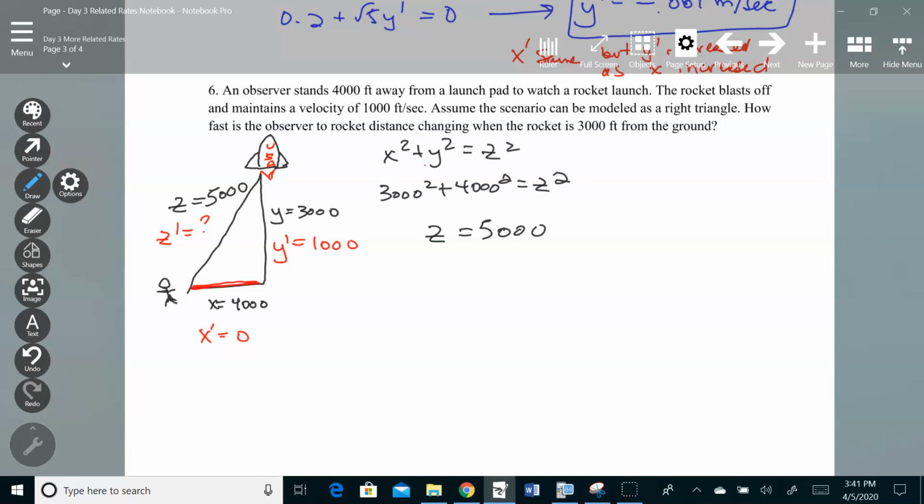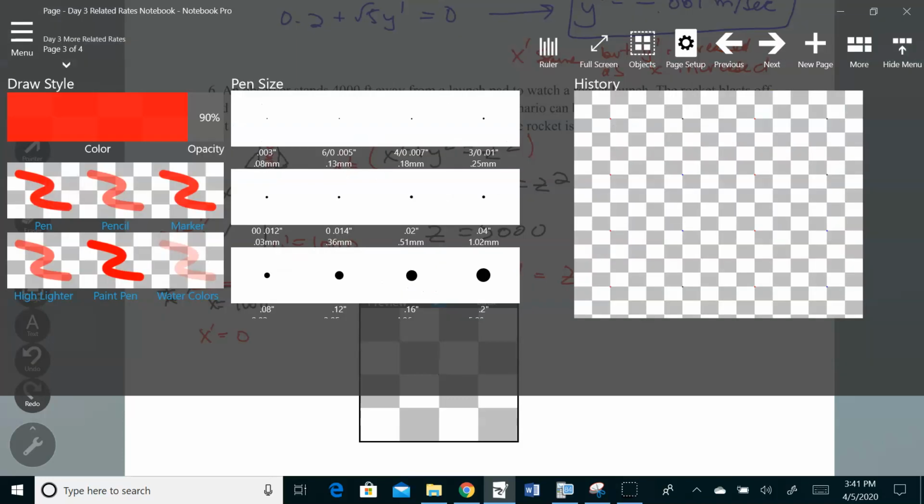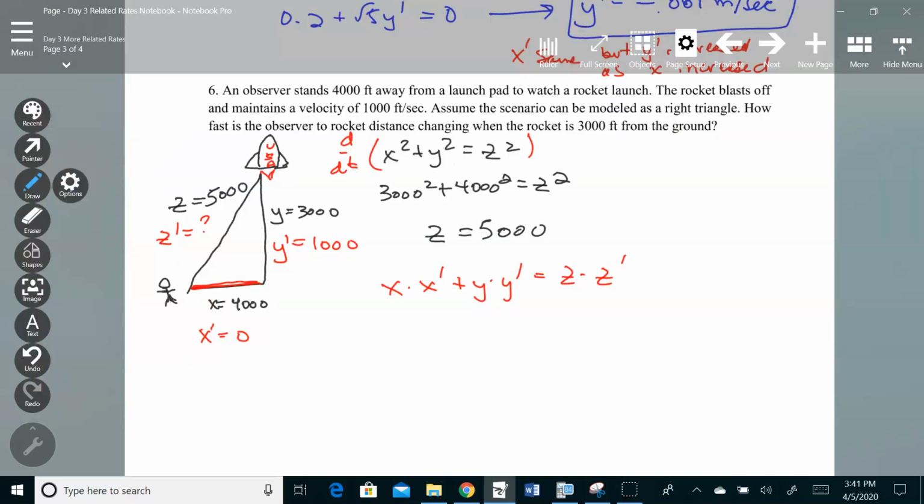So if I take the derivative of my Pythagorean theorem, x times x prime plus y times y prime is equal to z times z prime. Let me fill in with what I know. 4,000 times 0 plus 3,000 times 1,000 equals 5,000 z prime.